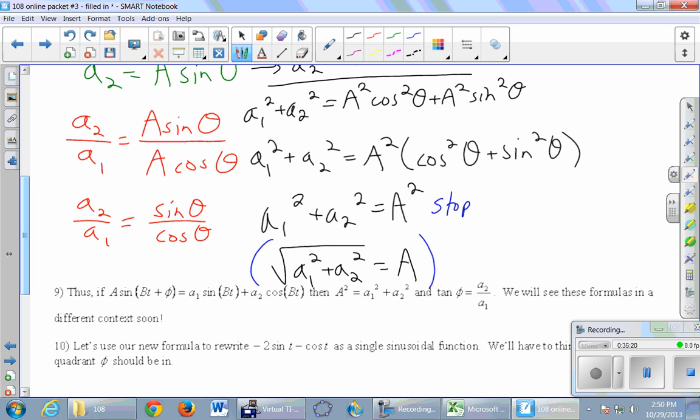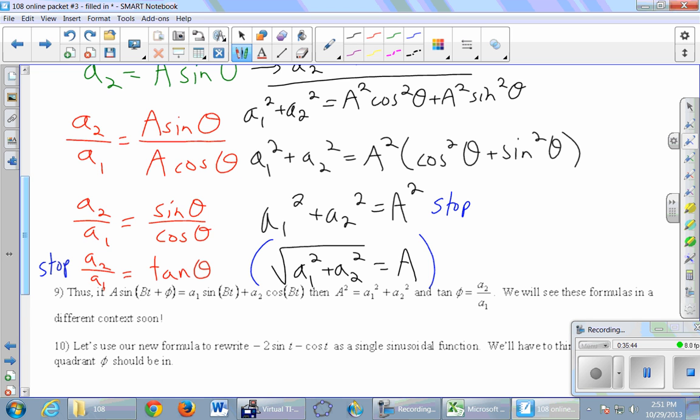Trying to find theta. So look, sine over cosine, we've seen that before. Sine over cosine is really tangent. And we're trying to find theta, so I guess take the inverse tangent of both sides. Not going to write that. I'll just stop there and then solve that, but it just involves taking inverse tangent.